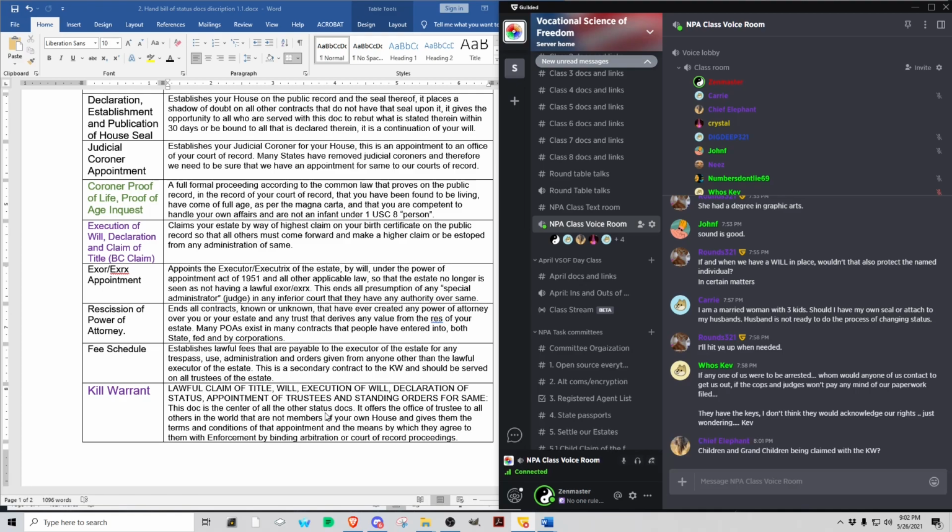Now, here's the thing. It's not lawful at all as far as what they're trying to do, but there's a sneaky thing that they have in U.S. code, and it's about a presumption. Again, it's just presumption. It says that if someone has not declared themselves to be a de jure state citizen, or not a citizen of the United States, then when they turn 21, the presumption is that they're a citizen of the United States.